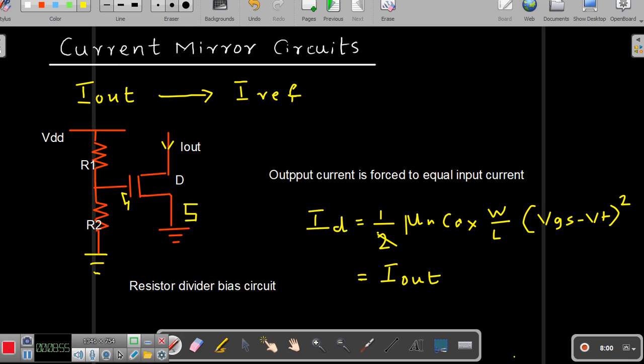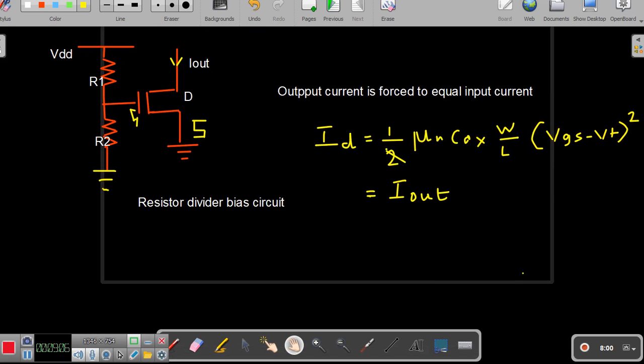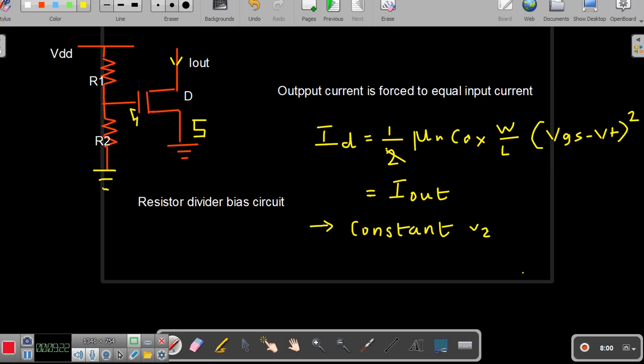Whenever I have the output current in any kind of device, it should be constant regardless of the output resistance. The output current is required to be constant in any application. You always wish to have a constant output current regardless of resistance.